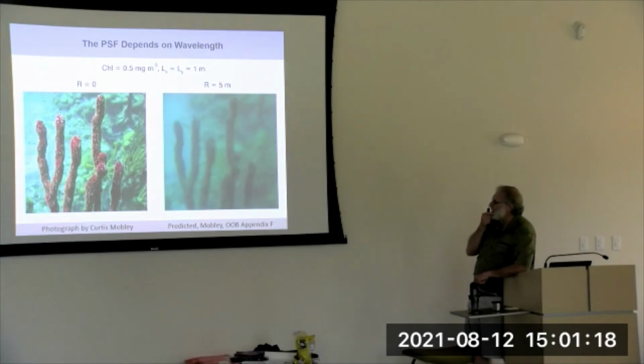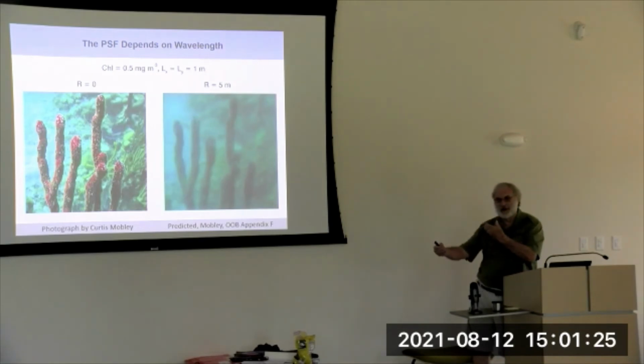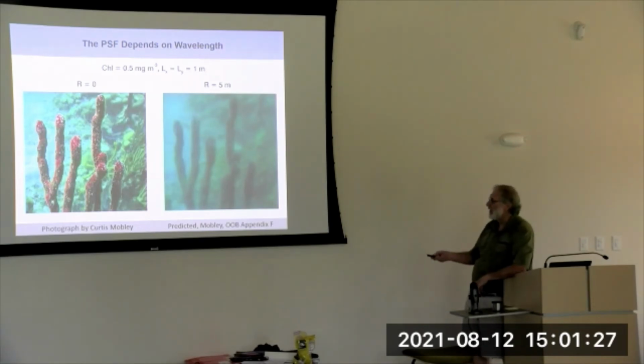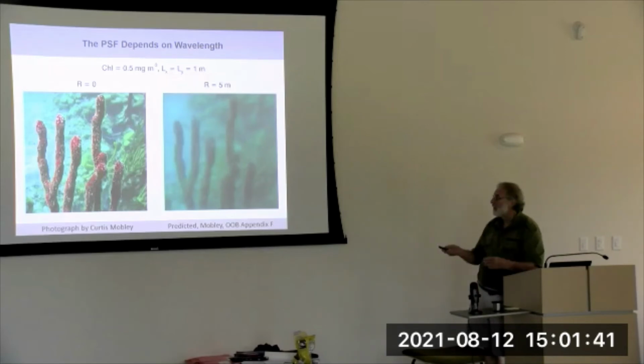Okay, so here's a photo of a sponge that I took from maybe this far away, snorkeling when I was kayaking in Panama. It's a reddish sponge here, and then you're seeing the background back here. Here's a prediction of what that would have looked like from 5 meters away in water that had 0.5 milligram per cubic meter of chlorophyll.